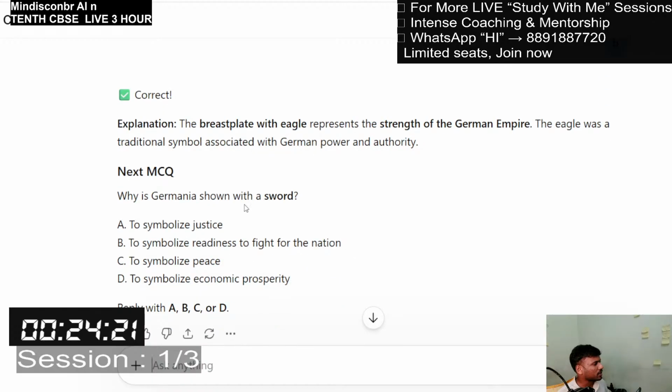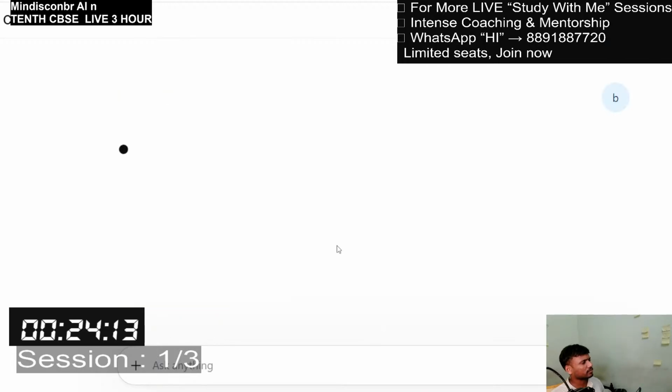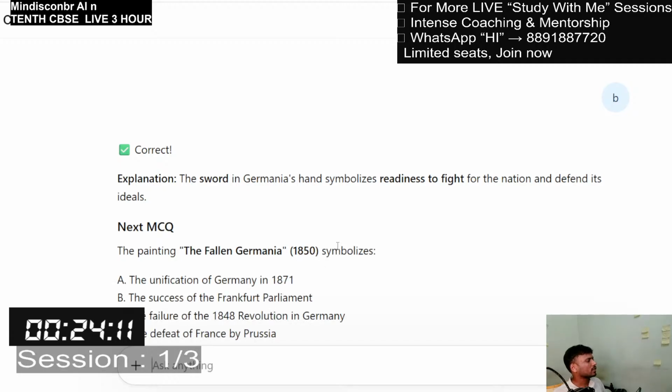What is Germania shown with a sword? Readiness to fight for the nation. The sword in Germania's hand symbolizes readiness to fight for the nation and defend its ideals.